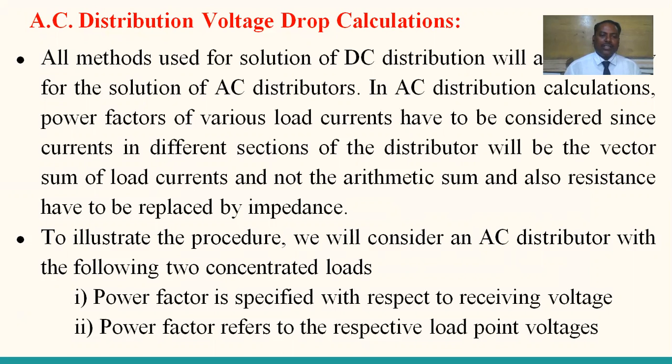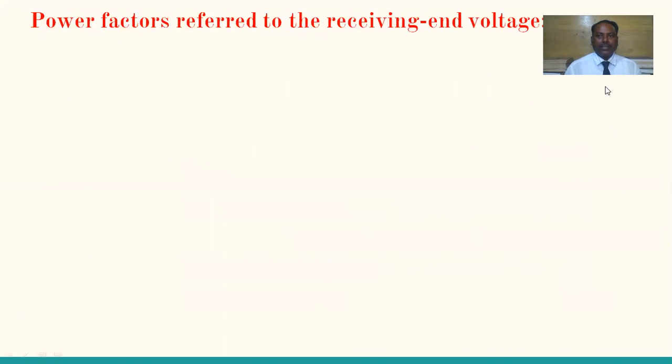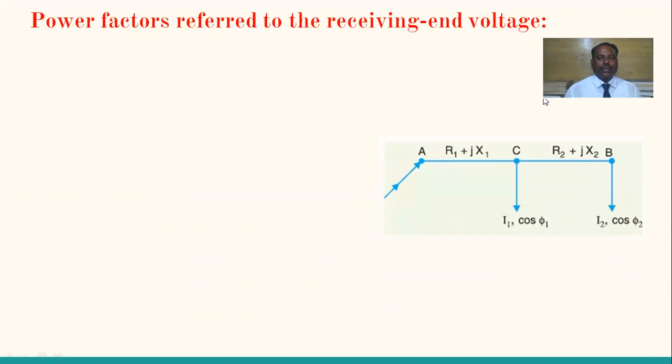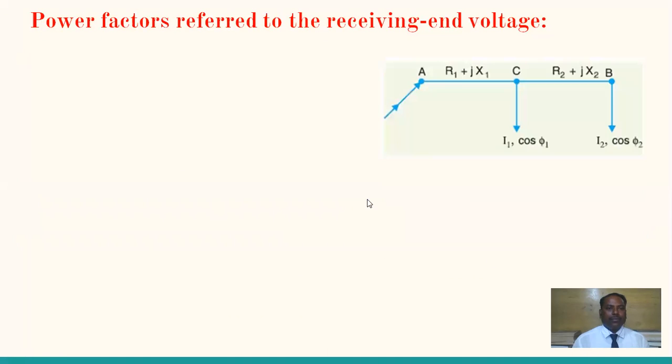Case 1 is where the power factor refers to the receiving end voltage, and then we proceed to see how to calculate the voltage drop. You see here, this is a distributor fed at one end.